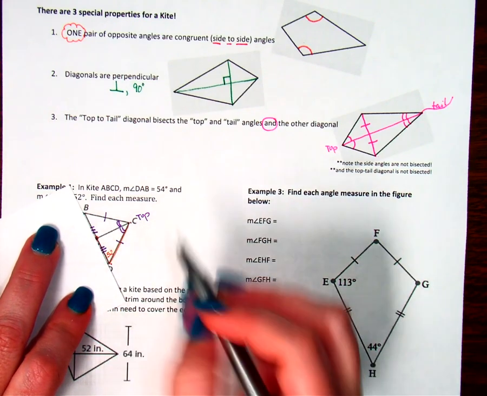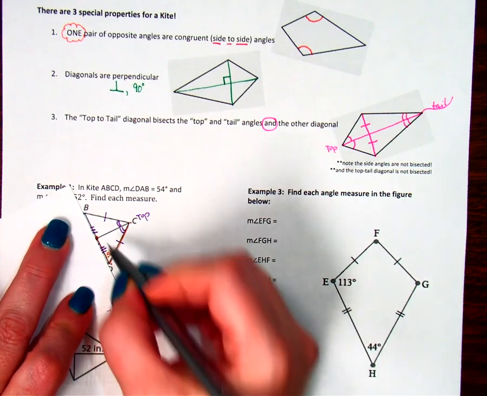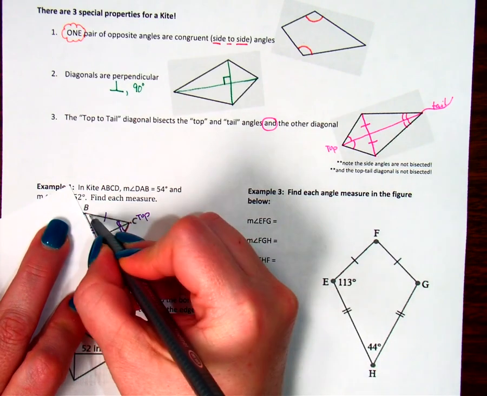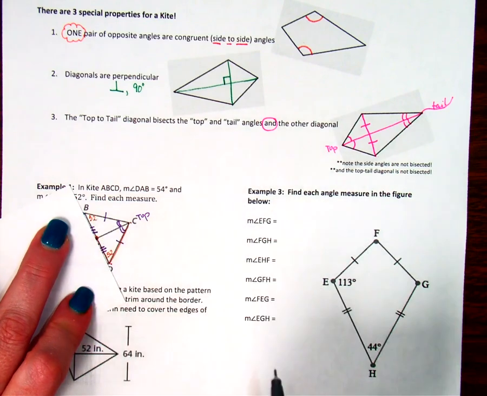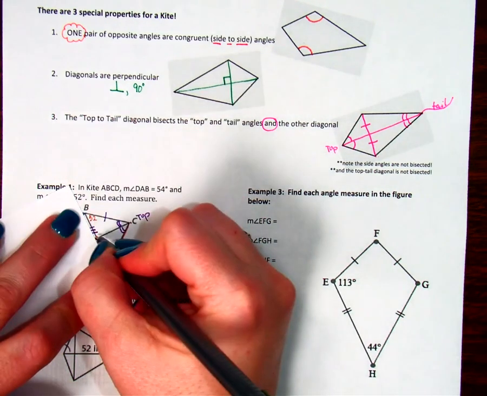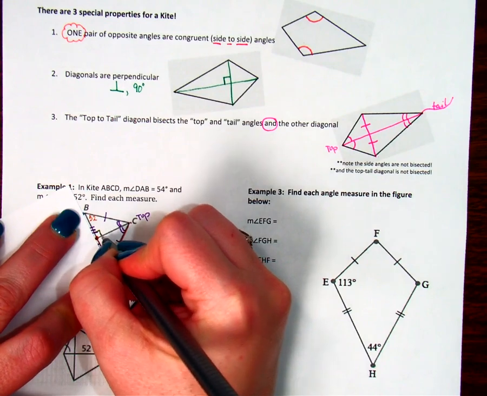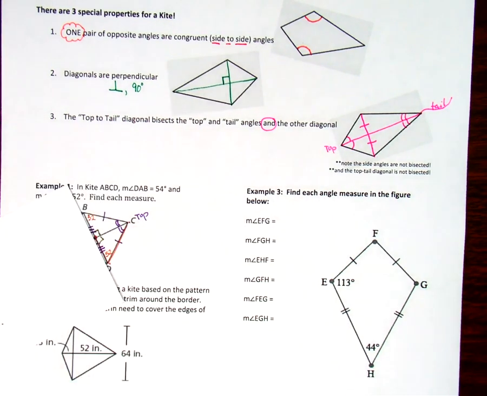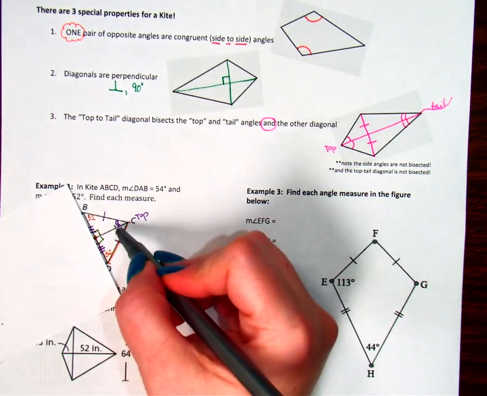So however big this angle is, the matching angle would be the same. So those angles are both 52. Okay. Then I also know, because it's a kite, all the angles in here at the center are 90. Okay. So then the only other angle I need are going to be these 2 angles up here.